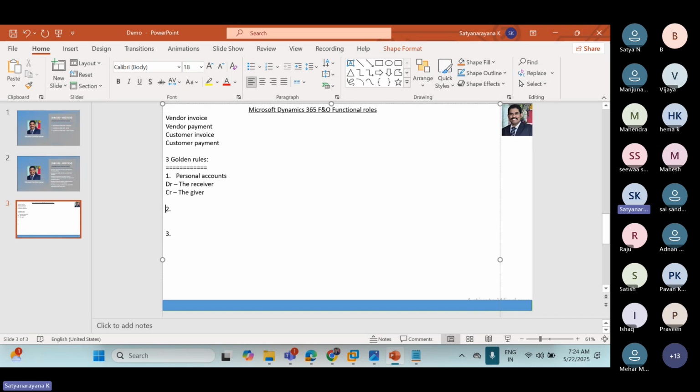Next, real accounts: debit what comes in, credit what goes out.